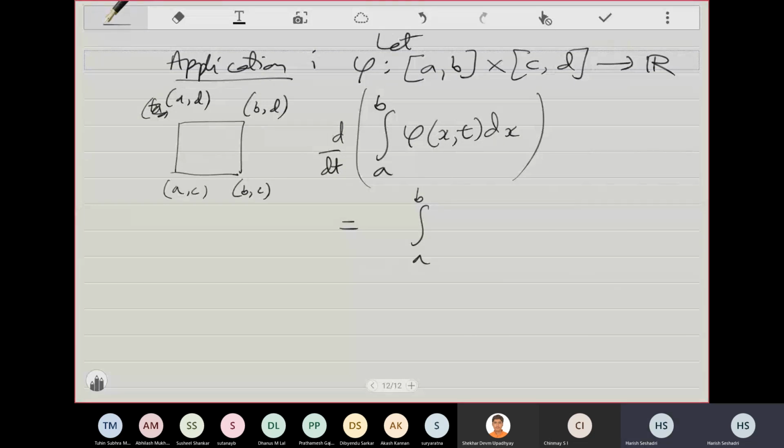So x is changing. Along these horizontal lines, it then becomes a function of t. For each t, I'll get a number by integrating this one. Then I differentiate that function of t. Is it the same thing, so first integrating then differentiating, as first differentiating and then integrating? So it's a question mark.